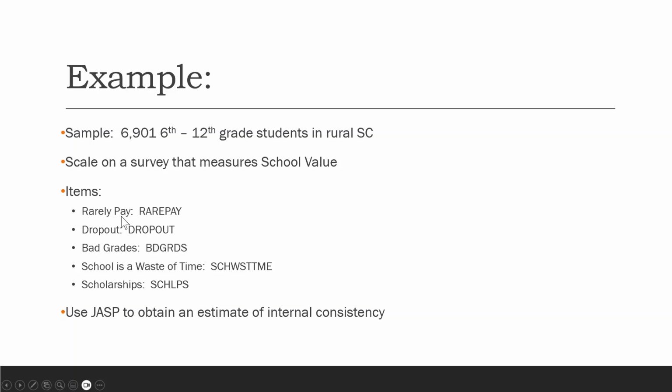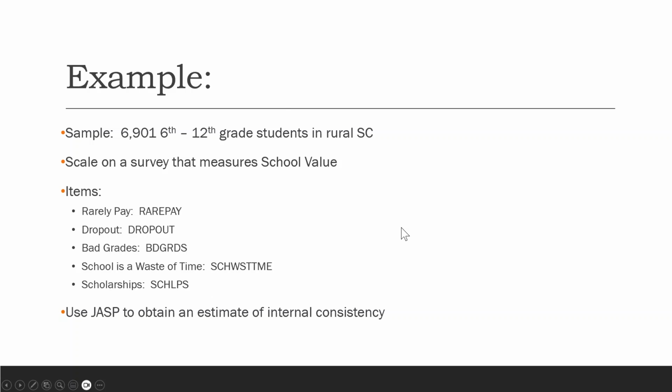Rare pay is one item in the data set. There's an item on the survey about dropouts, and that's the variable name in the data set there. We have bad grades, school is a waste of time, and scholarships. These items together supposedly measure school value.